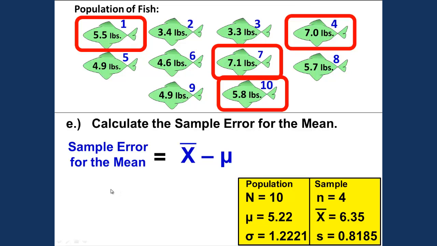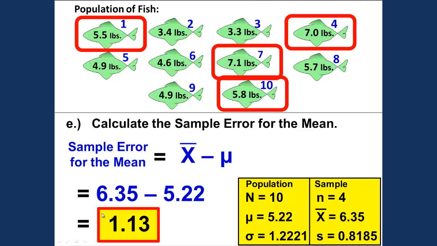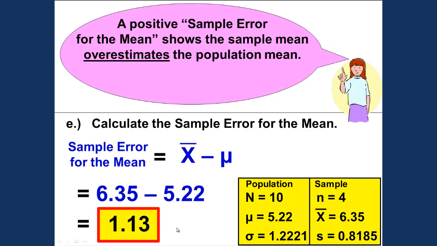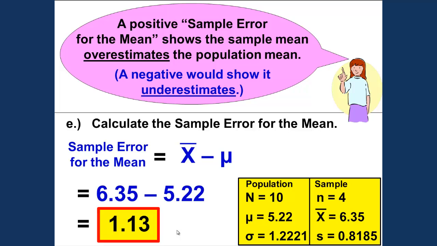So we will simply take 6.35, our sample mean, minus 5.22, the population mean. That gives us 1.13. A positive sample error for the mean shows that the sample mean overestimates the population mean. A negative would have shown that it underestimates.